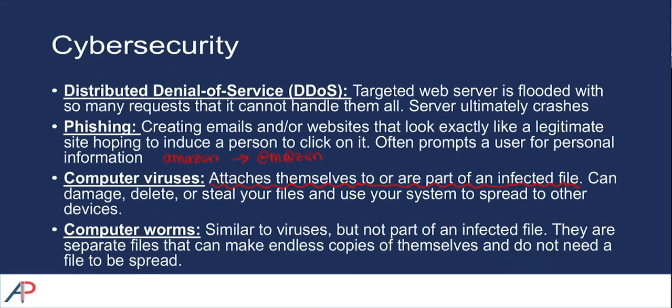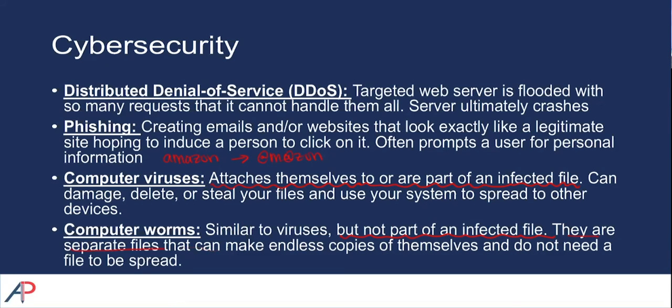So a computer virus is part of something, whereas a computer worm is not part of an infected file, but they are the file. And the goal of a computer worm is a little bit different from a computer virus. A computer virus is trying to spread to everything.